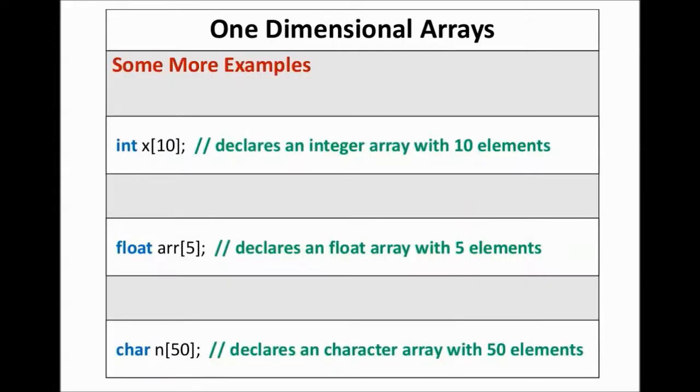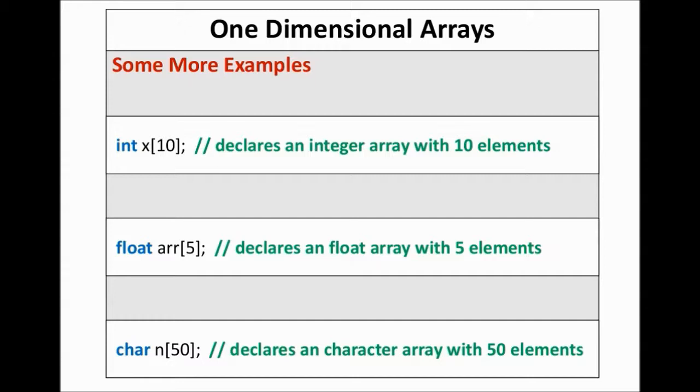Here are some examples of one-dimensional array. If we want to declare an integer array with 10 elements, we write int x[10]. Here int is the data type of the array, x is the name or the identifier of the array, and 10 is the length or the size of this array. And float arr[5] declares a float array with 5 elements.